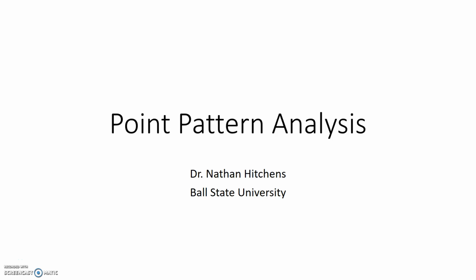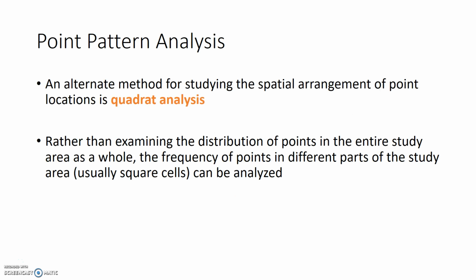There exist alternatives to the nearest neighbor index and the nearest neighbor analysis, and today we're going to talk a bit more about one of those alternatives. So we've got point pattern analysis, or we could call it quadrat analysis.